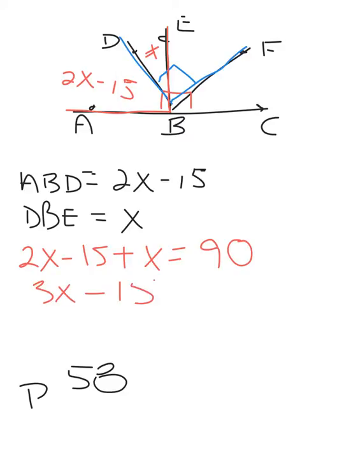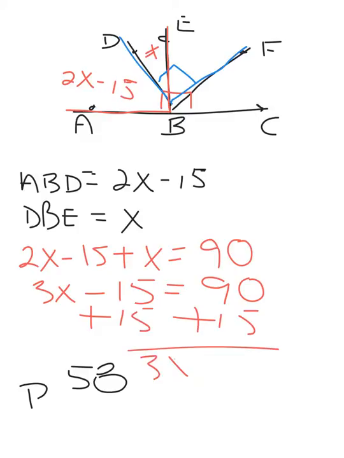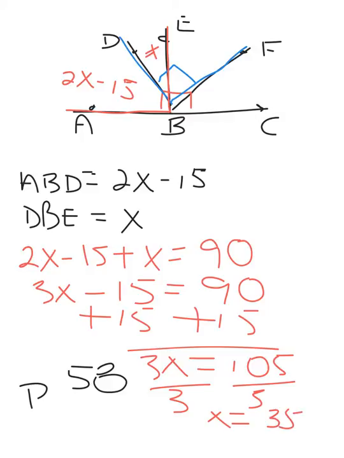So then we have 3x minus 15 is 90. Add 15 to both sides. 3x is 105. Divide by 3. And x is 35.